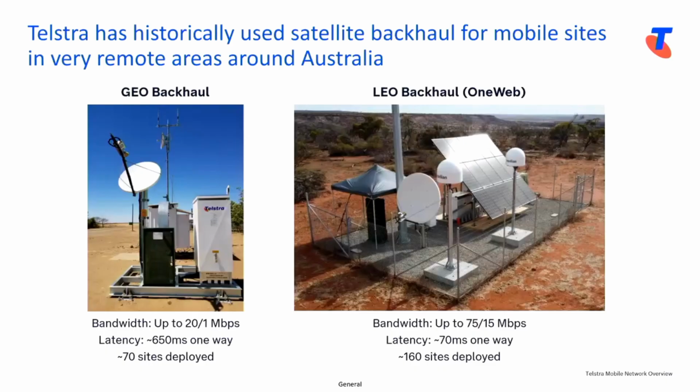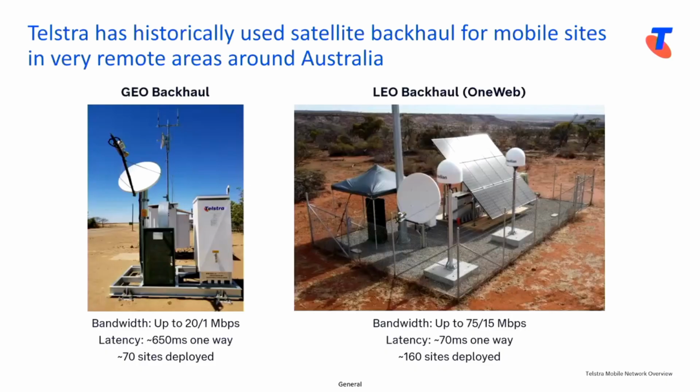That's the look. And you've got the GEO backhaul. They look a bit the same, and LEO. By the way, the bandwidth is the important one. Downlink 20 for GEO, and uplink about 1 megabit per second. For LEO, we're going to go up to about 75 downlink and 15 meg uplink.